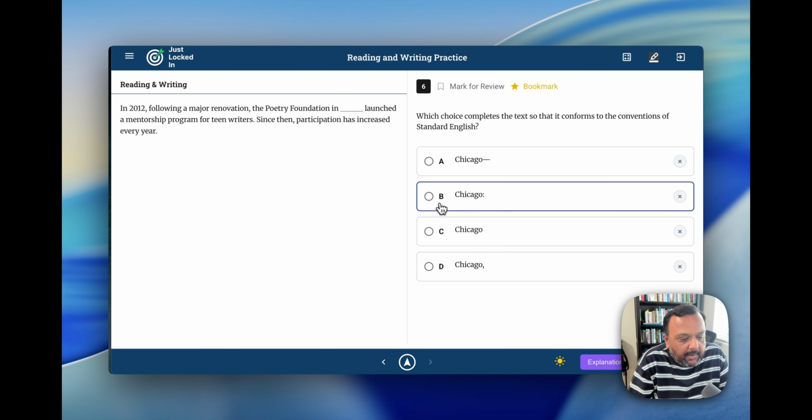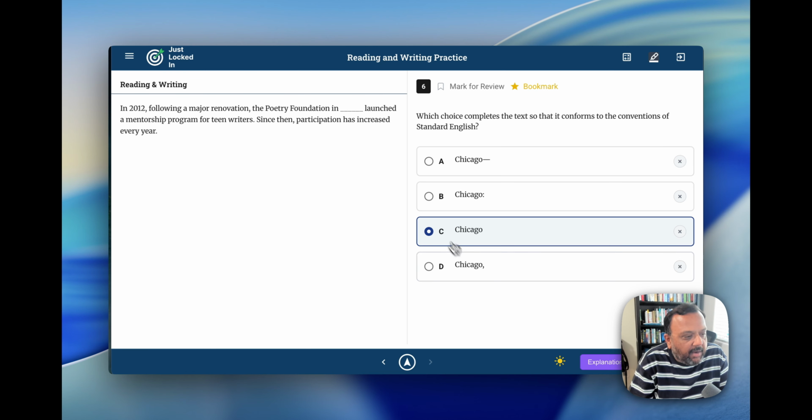So therefore, no punctuation after Chicago is the correct answer. You can't put a comma after Chicago, because then the Poetry Foundation in Chicago becomes supplementary information because of the closing comma, and the sentence would read: in 2012, following a major renovation, launched a mentorship program. That sounds absurd, so this is incorrect also. So C is the correct answer.